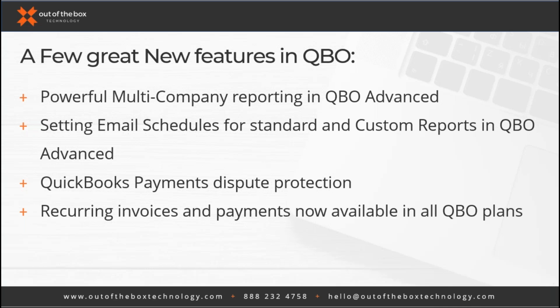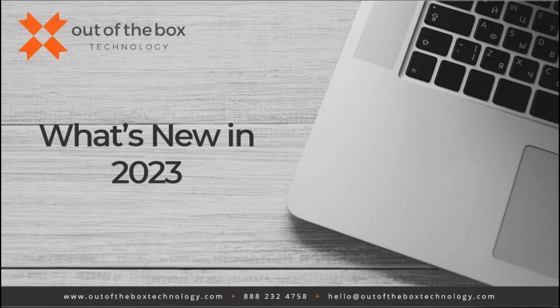We can also set email schedules for standard and custom reports in QBO Advanced, and that's really a great thing: you'll be able to set up schedules to send out reports to people that have an interest in seeing those. Like I say, we'll touch more on details of each of these as we go through. There's a new QuickBooks payment dispute protection that's available to clients, and the recurring invoices and payments are now available in all QBO plans, not just the higher-end ones. Go ahead, next slide. So what's new in 2023?